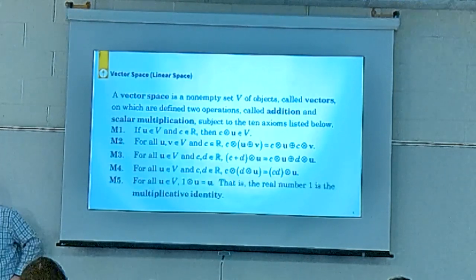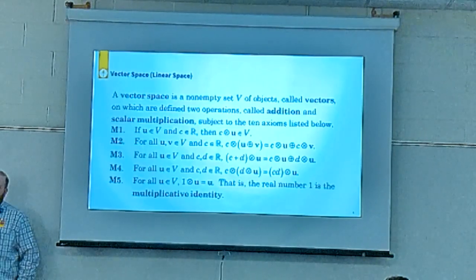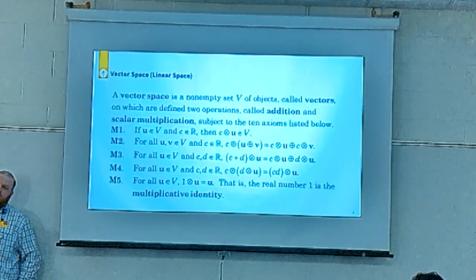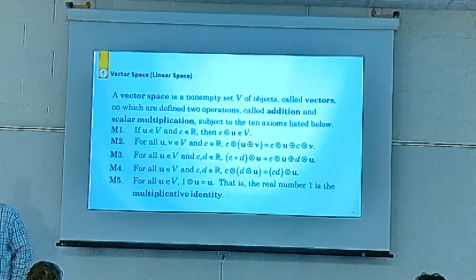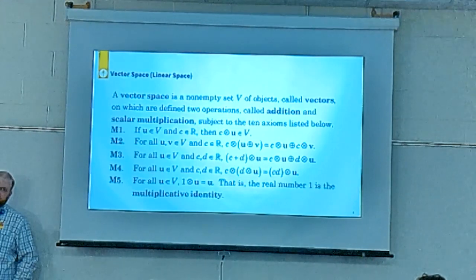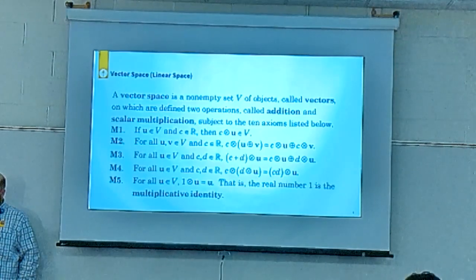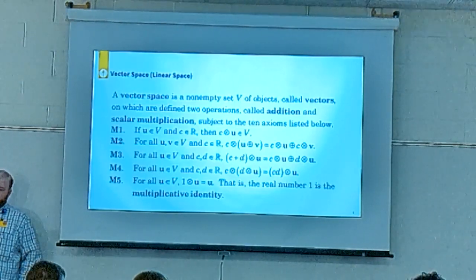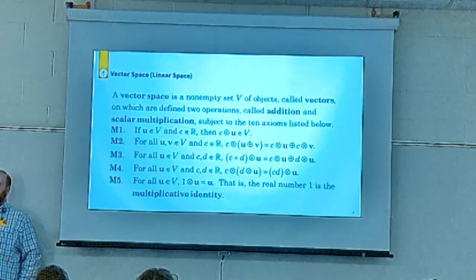And finally, for all u, 1 times u is equal to u. That is, your multiplicative identity is always 1. Those are your 10 axioms of a vector space.